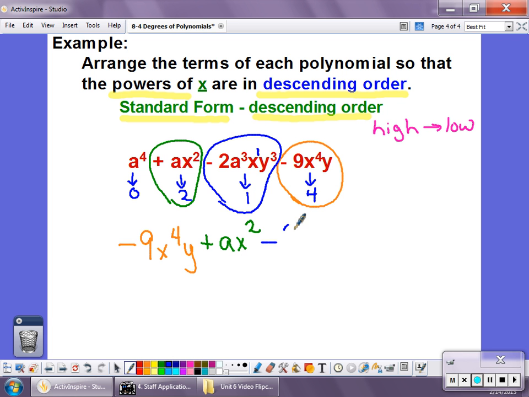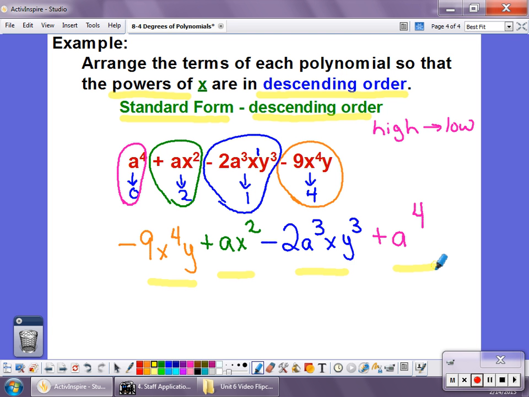So minus 2a cubed x y cubed. And finally, my lowest power of x right here, I don't have any x's, so I just do plus a to the 4th. And again, it's always a good idea to double check. This is 4 x's, 2 x's, 1 x, 0 x's. So I can tell that I have them in the descending order.